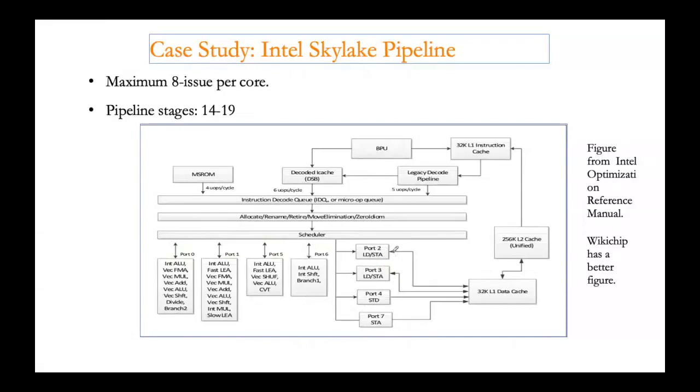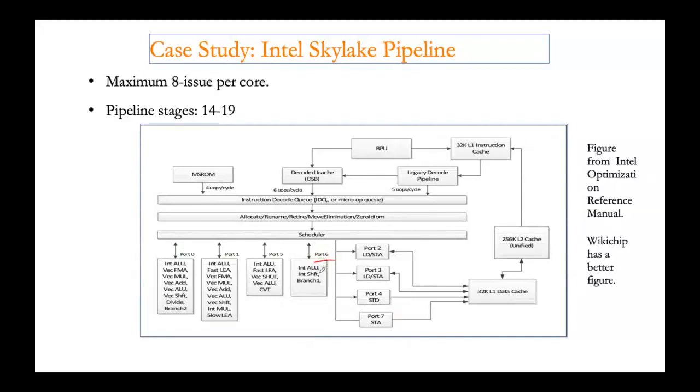In this, these are your memory access units, which use load and store, and these are your computational functional units. In the computational functional units, different ports have different functional units.